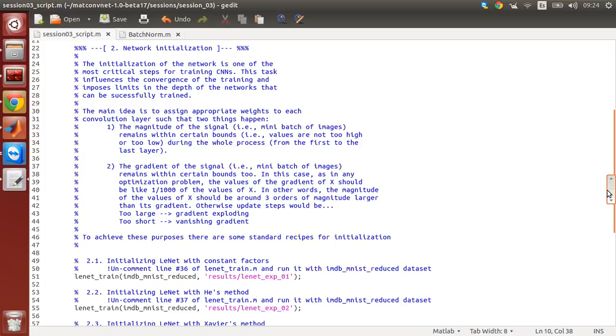So different layers are going to be initialized in different ways depending on their position within the network and also on their fan in and fan out. So how many neurons they receive and how many neurons they produce. So their connection with previous and posterior layers.